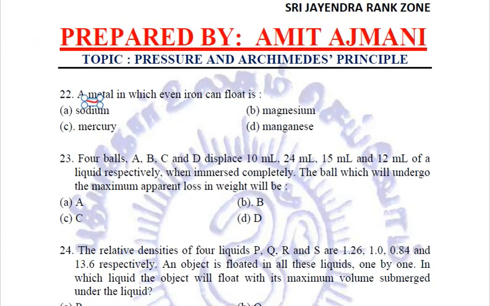A metal in which even iron can float. Now, iron is in itself quite a heavy metal, and if we are saying that it is floating, that means whichever metal we are taking must have very high density, so that it applies such a great buoyant force which is keeping even the iron afloat.